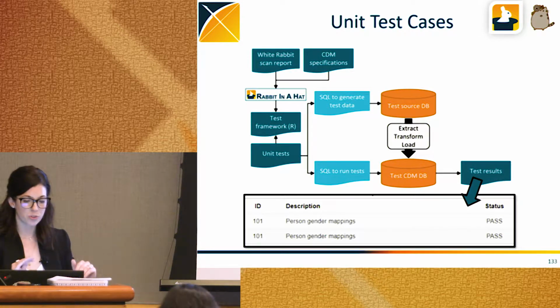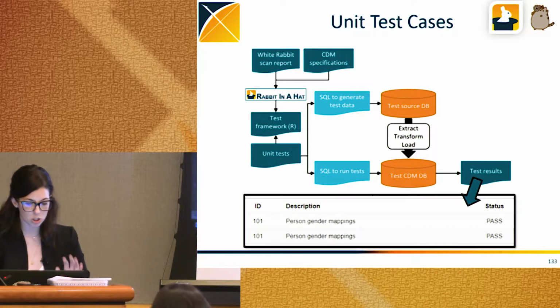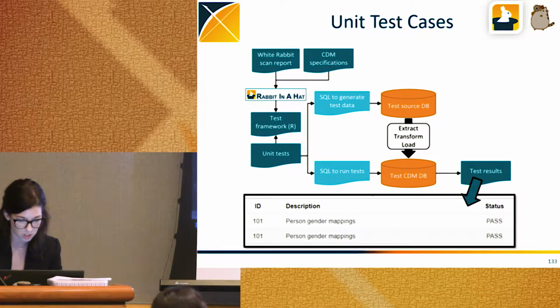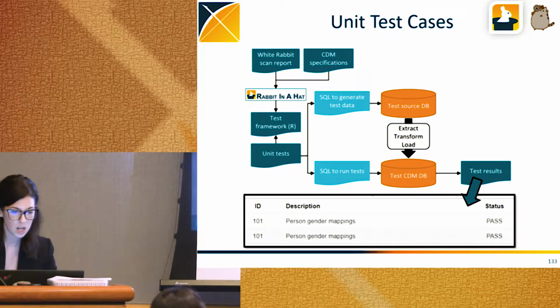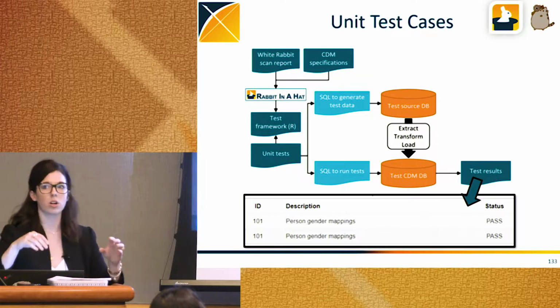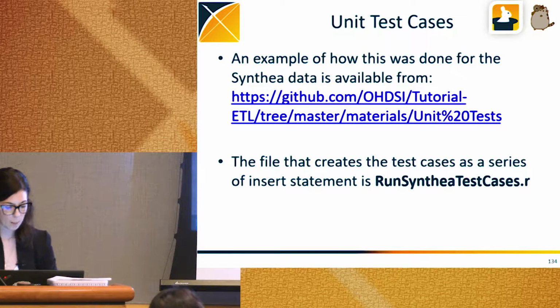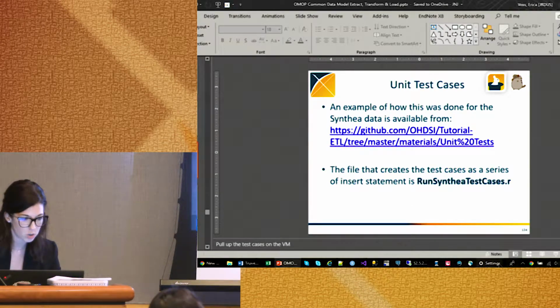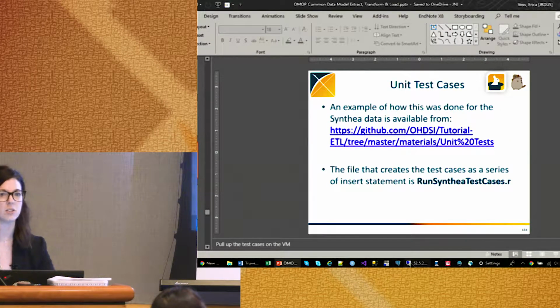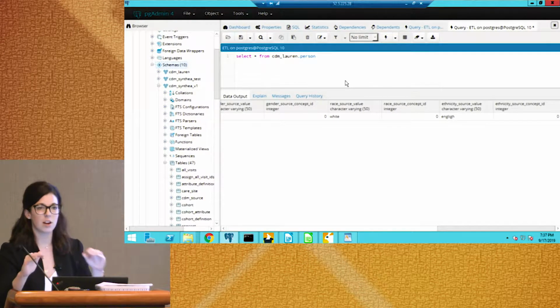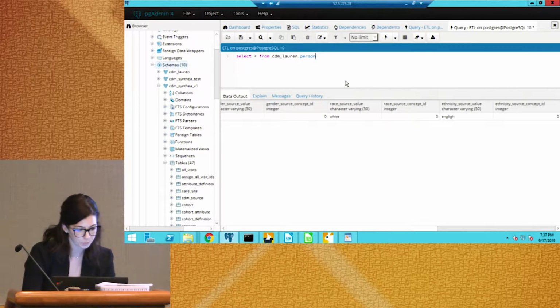So I did this for Cynthia. I'm just going to show you a quick example of how this looks on the VM. I didn't want to go into the R code because I know it's a lot in the weeds. But I want to show you, because you've probably noticed in our ETL database there are a lot of other schemas in there.